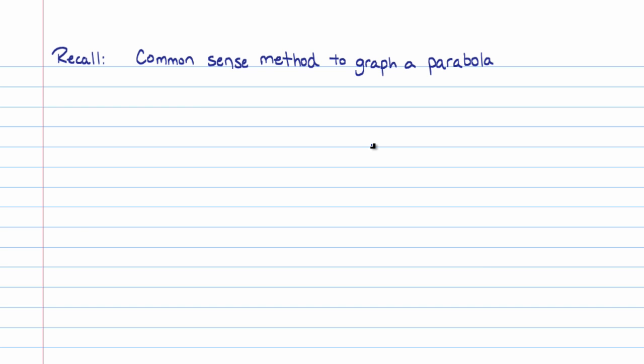But it doesn't really give you a great idea as to why you do that. Also, it's a huge amount of memorization, I think, and so what I'm trying to do here is get you to have a common sense approach to graphing a parabola.